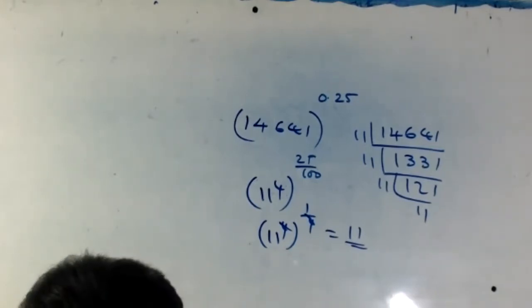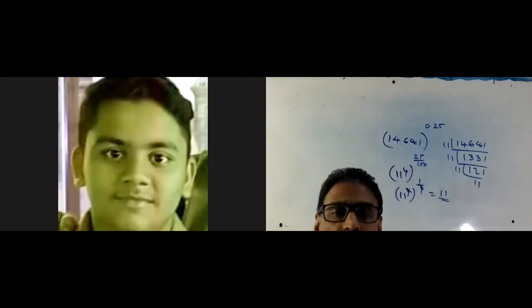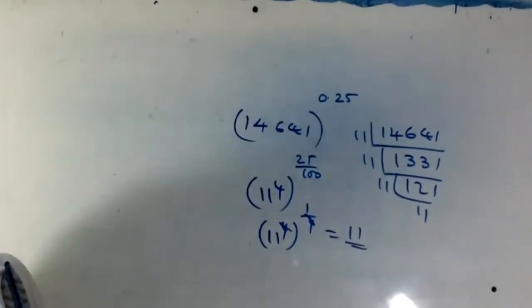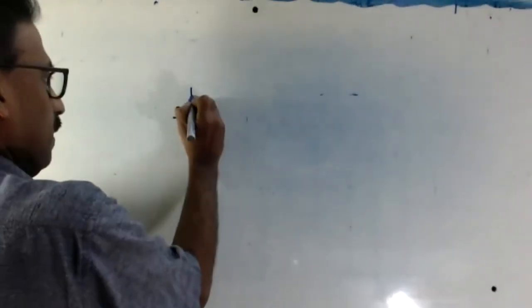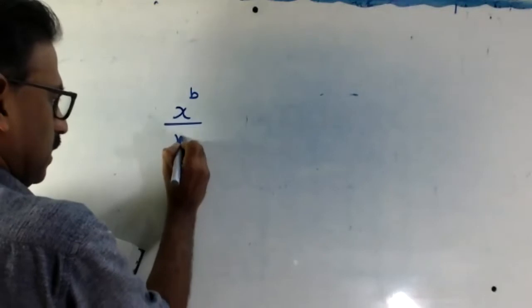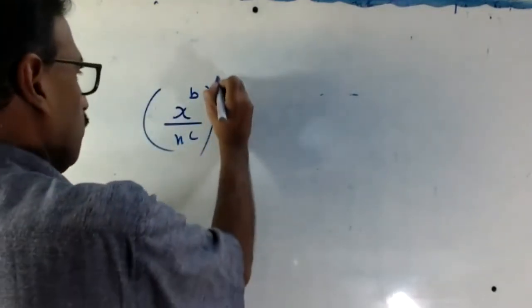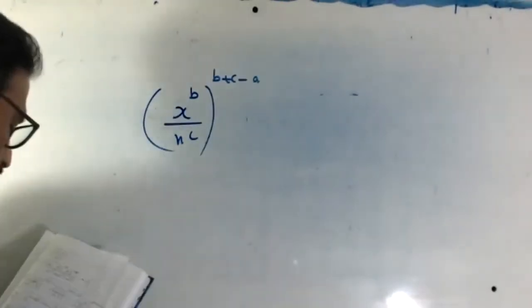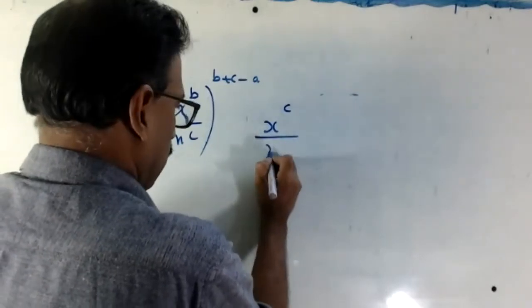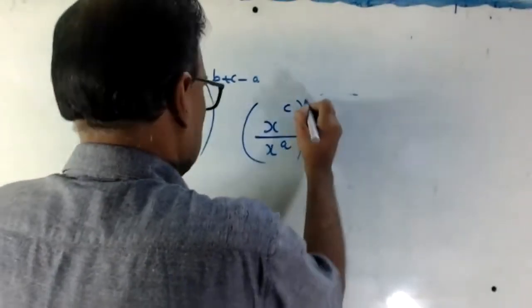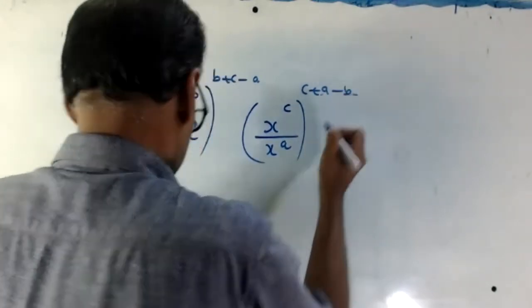Okay, little tough question. You can try it. Listen. x raised to b by x raised to c, whole raised to b plus c minus a. Then x raised to c divided by x raised to a, whole raised to c plus a minus b.